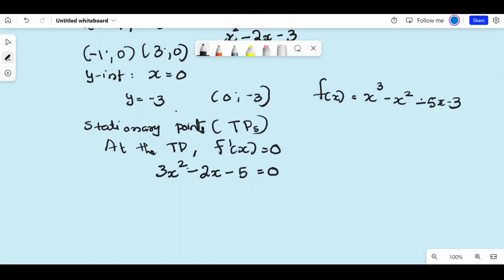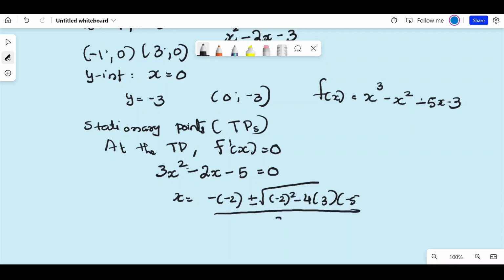Set the derivative equal to 0, and now you factorize or you use the formula. You can also use the formula if you are not comfortable with factorization: x equals minus b plus or minus the square root of b square minus 4ac, divided by 2a.